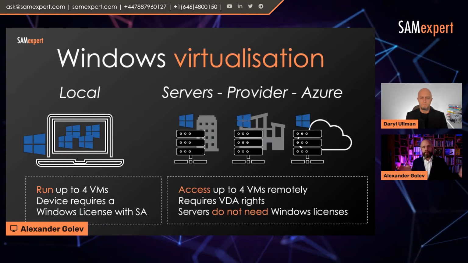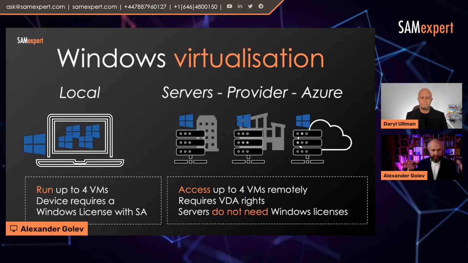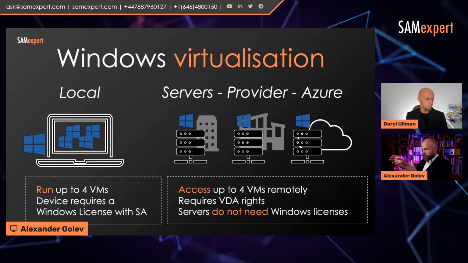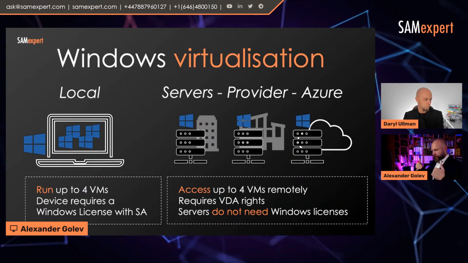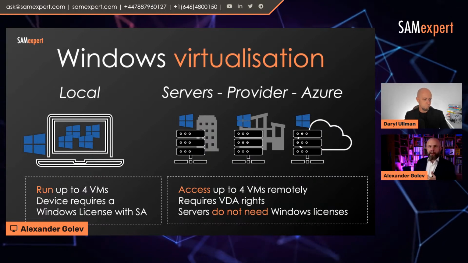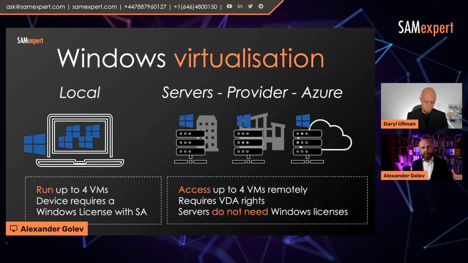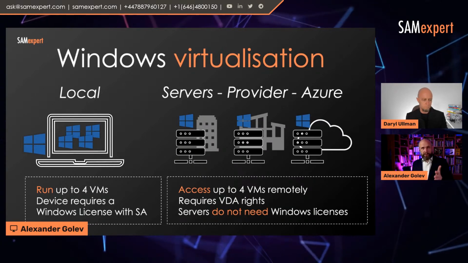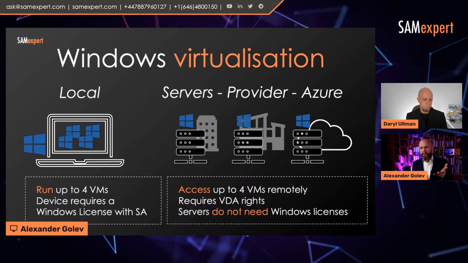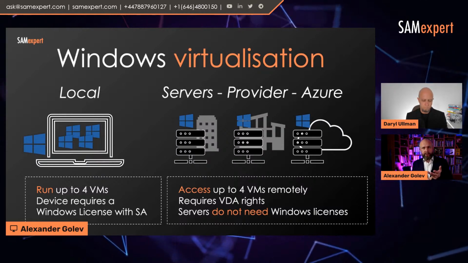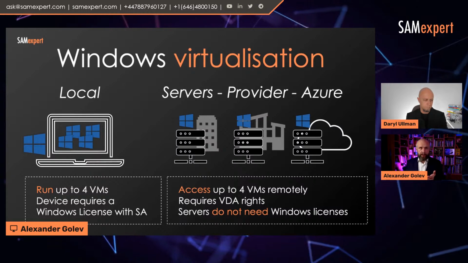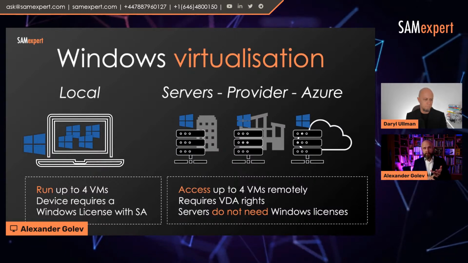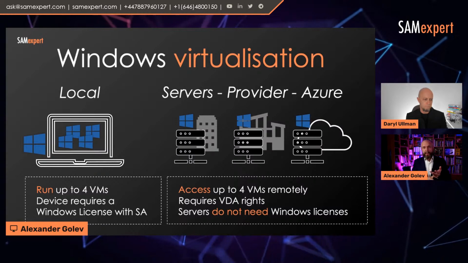The other one is virtualizing Windows 10 in some sort of remote infrastructure, even on premises. If you run it on the server, it's remote from my desktop. My desktop is here, and it's there on the server. You may virtualize Windows 10 and run it on the server with a few requirements. A user or device licensed with a Windows license with the same access can access up to 4 Windows 10 or Windows 7 virtual machines remotely.